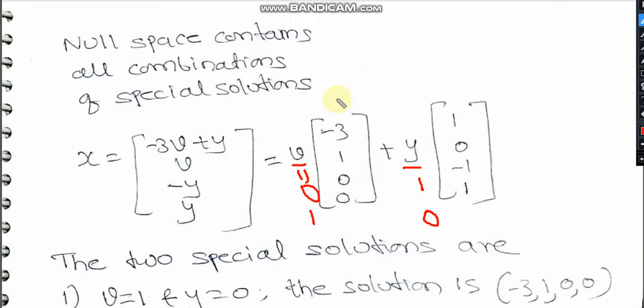When y equals 0, we have v equals 1. This is one solution. Another solution is when v equals 0, so we have the xn solution as y. This we call a special solution, and it comes from the null space solution.